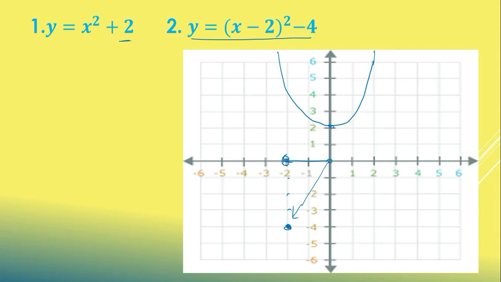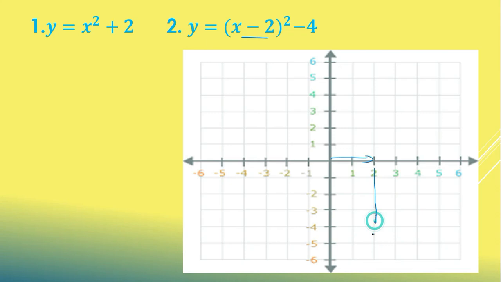Sorry, this is slightly different. When it is subtraction inside, we have to move 2 units to the right, and subtraction outside, 4 units down. So this is 2 comma 4. This center point 0 comma 0 is translated to 2 comma 4.